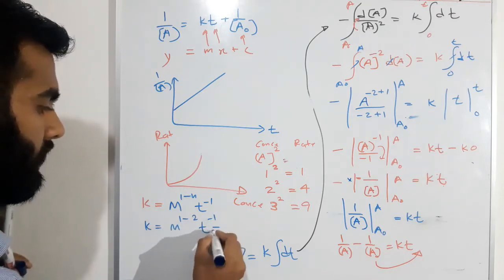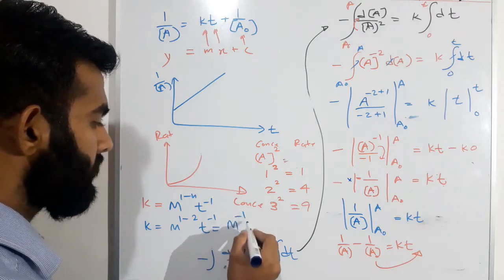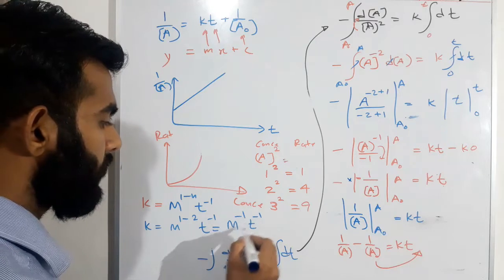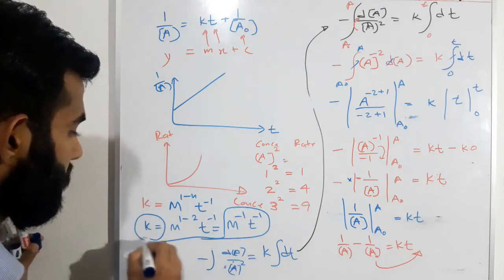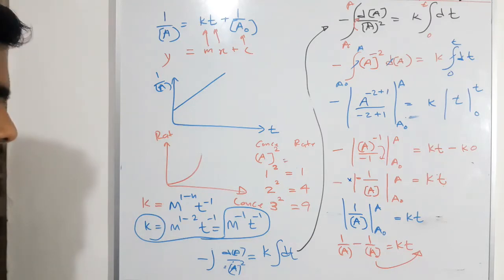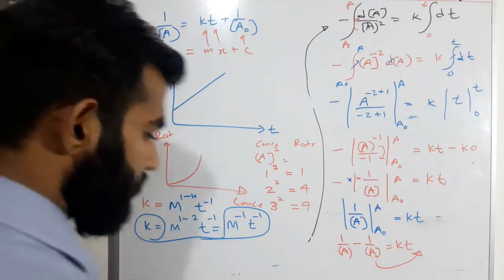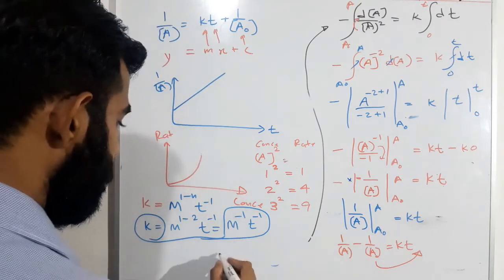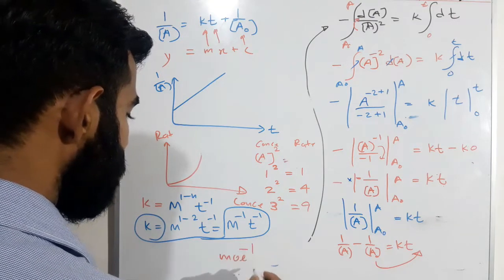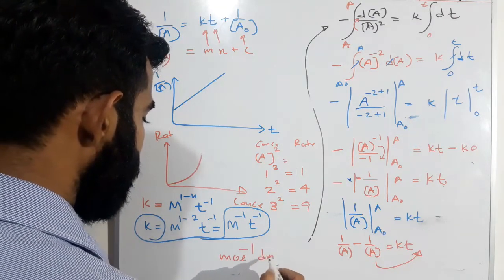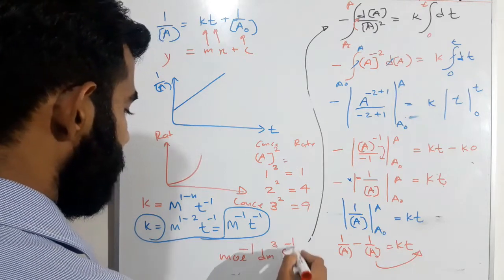So the units will be M minus 1 t minus 1. This is the unit of the second order rate constant. That means it will be mol minus 1 dm, likewise.